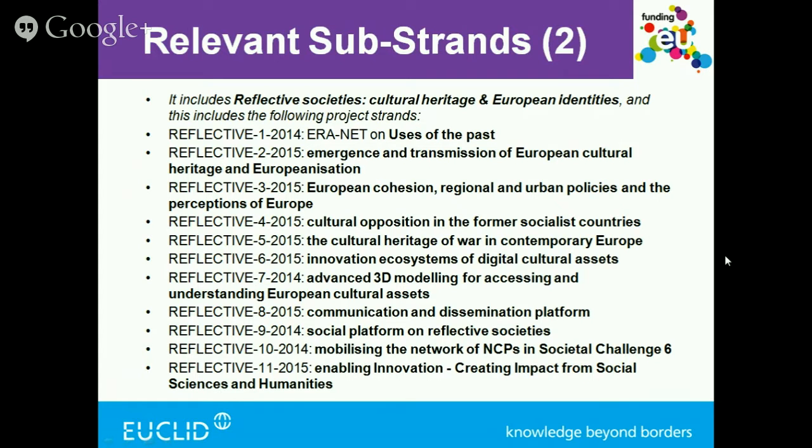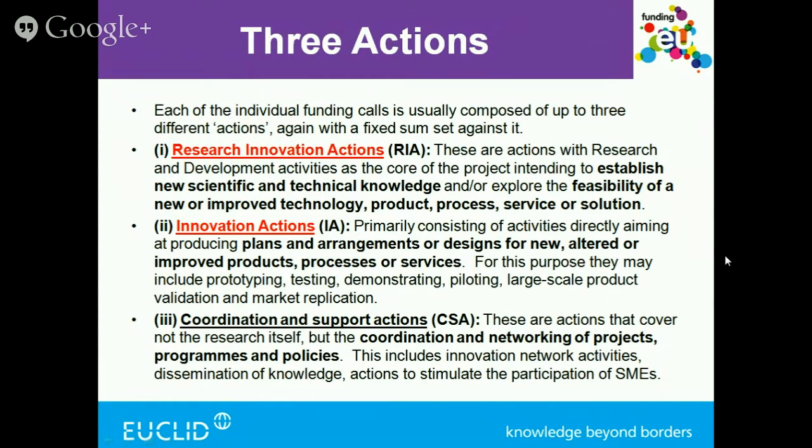Okay. Within each of those calls, so 3 strands, a number of calls, and then in each of those, there may or may not be any of these: research innovation actions and innovation actions. Now, the distinction between these is not completely clear, but essentially the first one includes the word research.